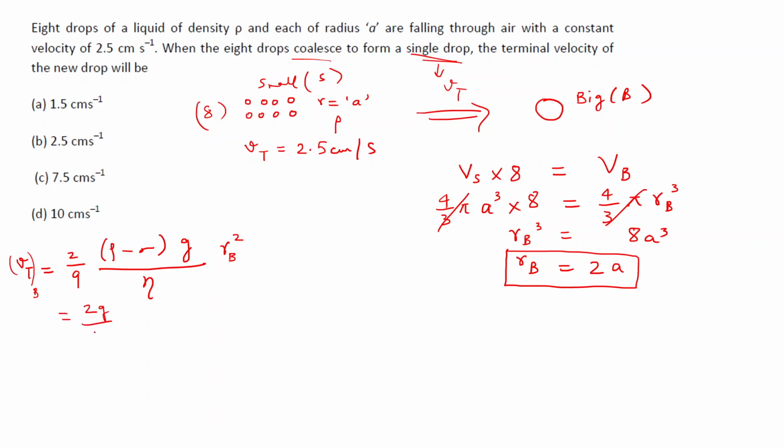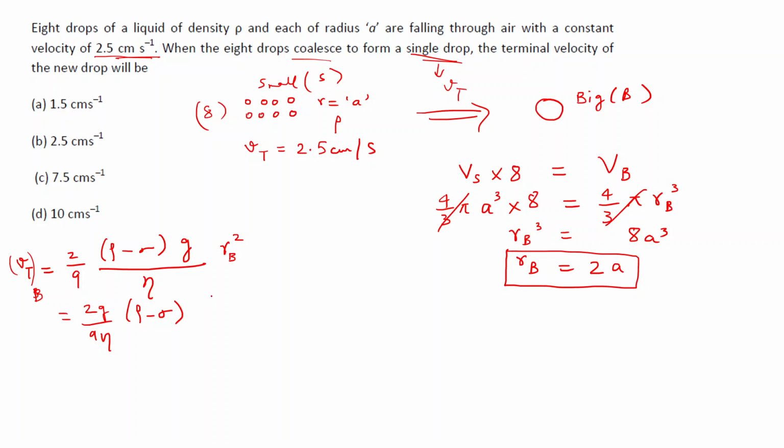2g by 9 eta. We are trying to find out some relation between the terminal velocity of this big drop and the terminal velocity we have been given of the small drops. So if we are able to establish a relationship between these two terminal velocities, we can find out easily, because the value of density we have not been told. Anyway, so this will be 2g divided by 9 eta times (rho minus sigma), and R_B is this 2a.